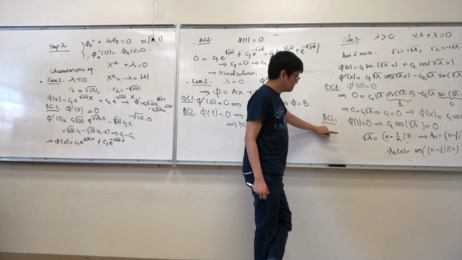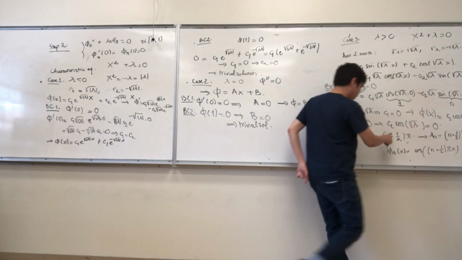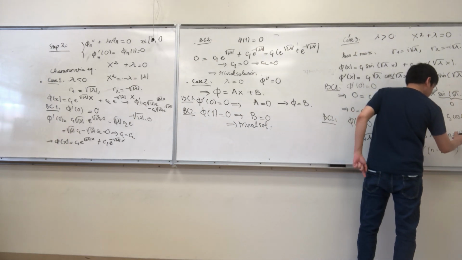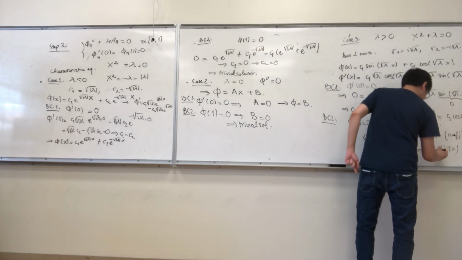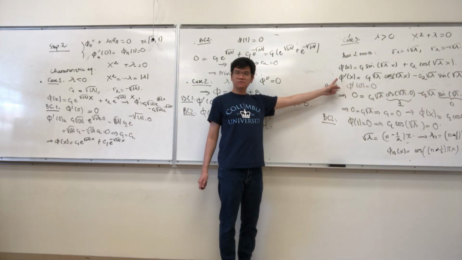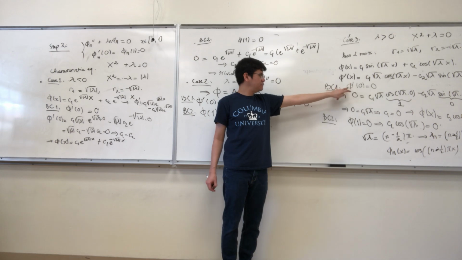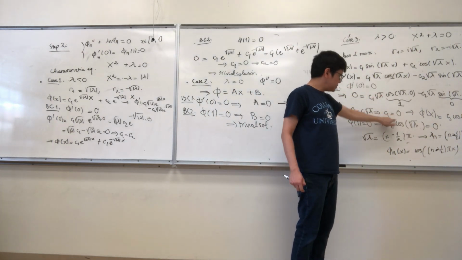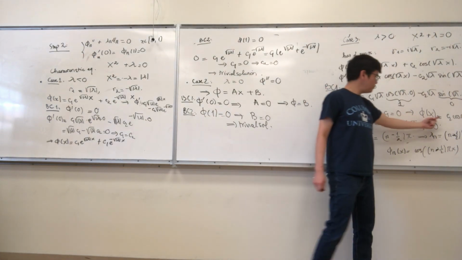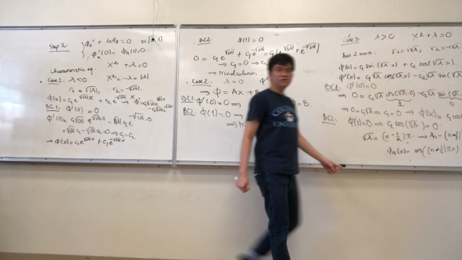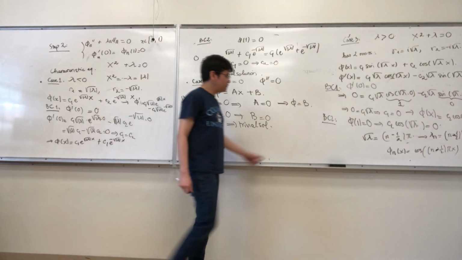So I explain again. I put minus, it is better. This is minus. So after you replace phi prime at 0 is 0, you get C1 is 0. So now phi will be cosinus of square root of lambda x. Now you're going to use the second boundary condition: phi 1 is 0.